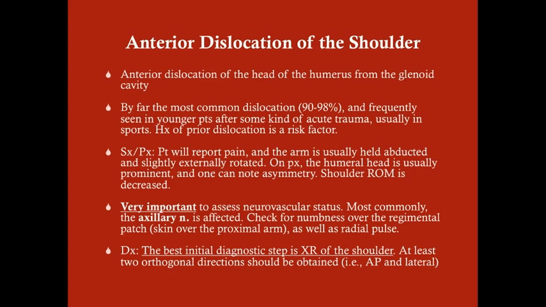Now, history of a prior dislocation is a big risk factor, and the reason for that is because when you have a dislocation of the shoulder, as mentioned, the ligaments have to have some kind of give. There's going to be some injury to the ligament. And when there's injury to the ligament, when it heals, it doesn't heal quite as strongly as it was before.